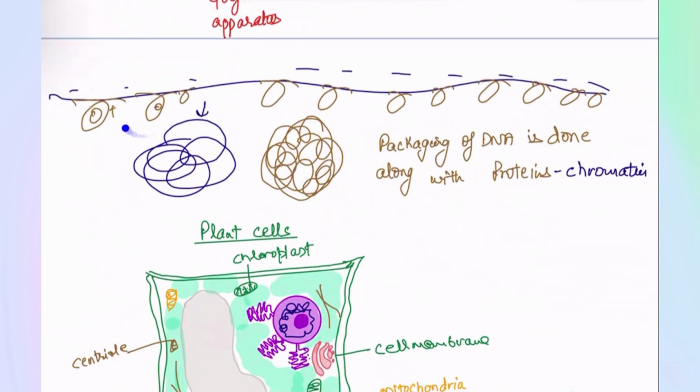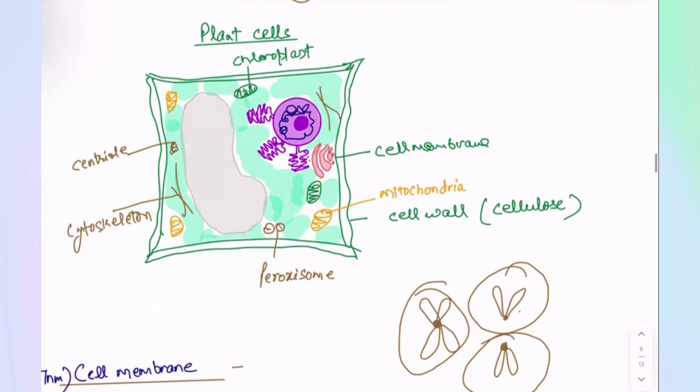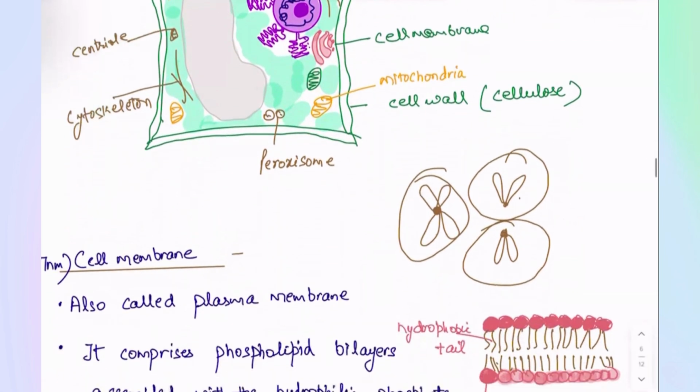So we package it into an organized structure along with protein molecules and form a complex called chromatin. Whereas plant cells, besides having a cell wall and cell membrane, have a centrally placed, very big vacuole, and a nucleus along with endoplasmic reticulum, Golgi apparatus, mitochondria, centrioles, cytoskeleton, peroxisomes, lysosomes, and everything.